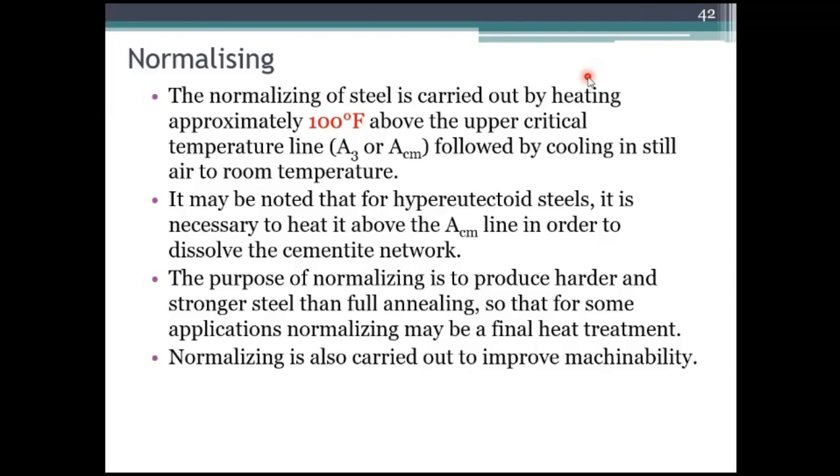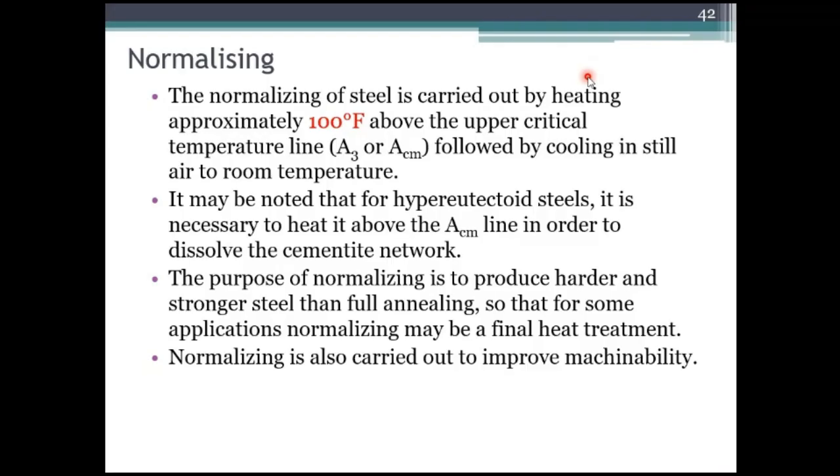Mainly this kind of treatment is used to make the steel harder, or to make it stronger than the full annealing operation. Some applications of normalizing may still need a final heat treatment also.